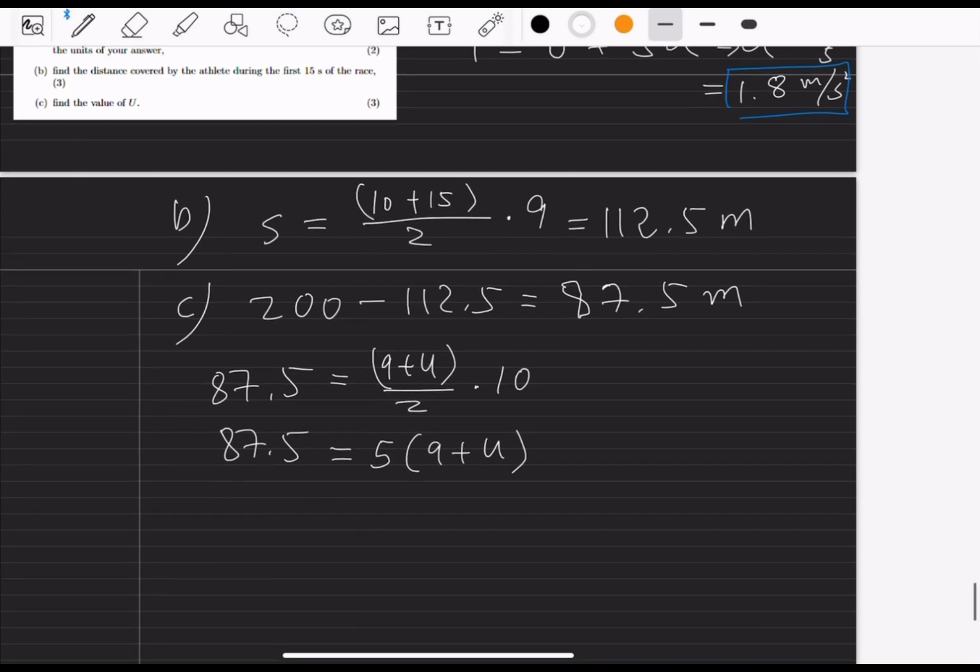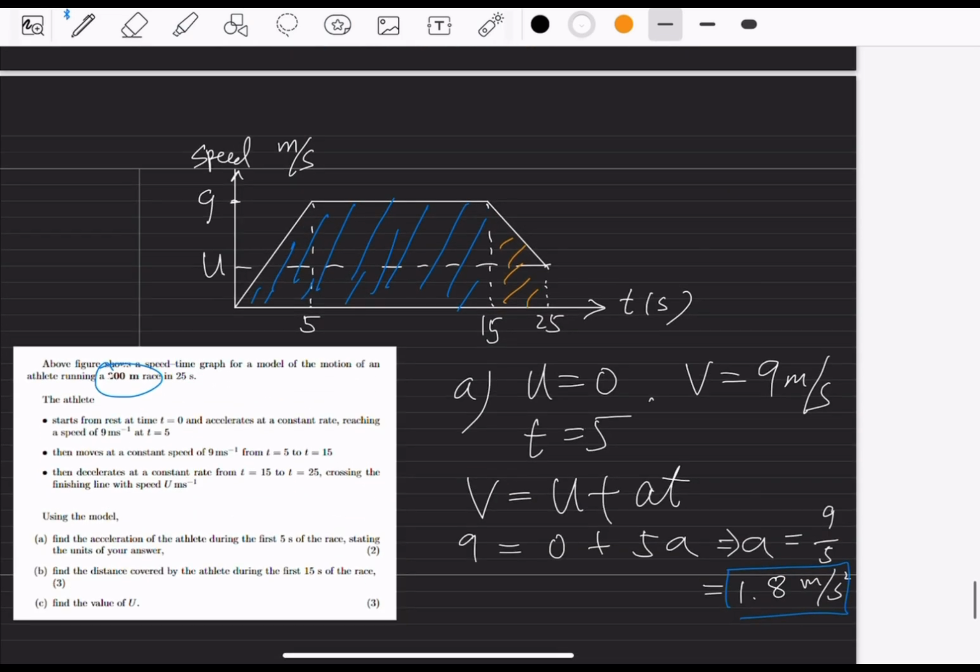Next step, if we divide both sides of the equation by 5, we have 17.5 equals 9 plus u. Then we can find u: 17.5 take away 9, which gives us 8.5 meters per second. So that is how you find the solution of this question.